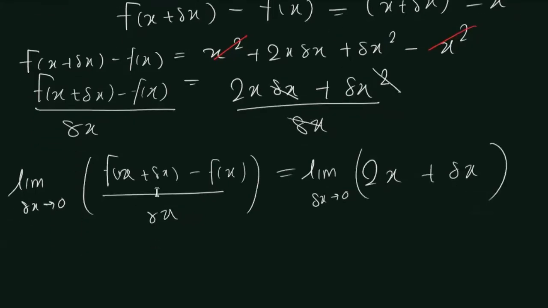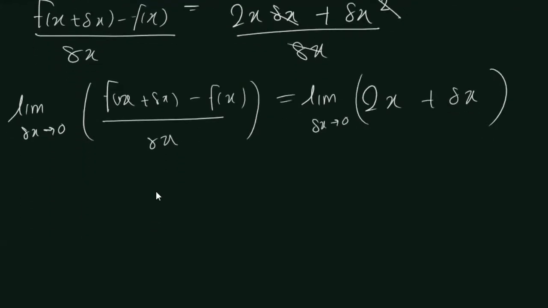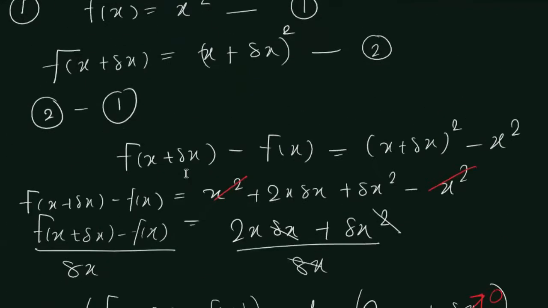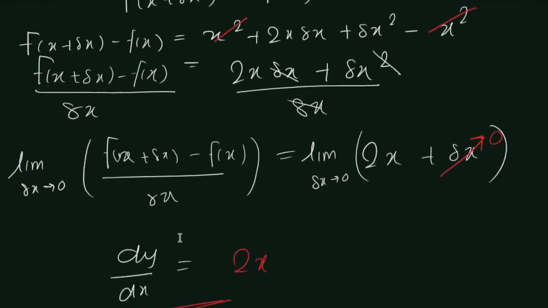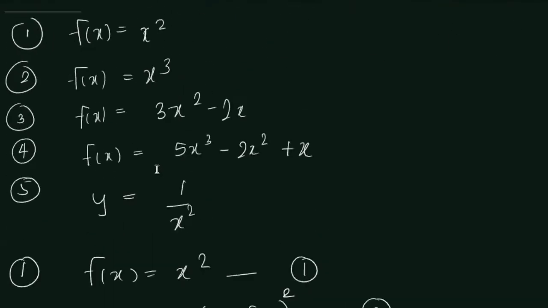This is the dy over dx, the differentiation, the first derivative. When delta x goes to 0, this term goes to 0, so what remains is 2x. This is going to be the answer for the first problem. Let's move on to the second problem. The first problem is done.